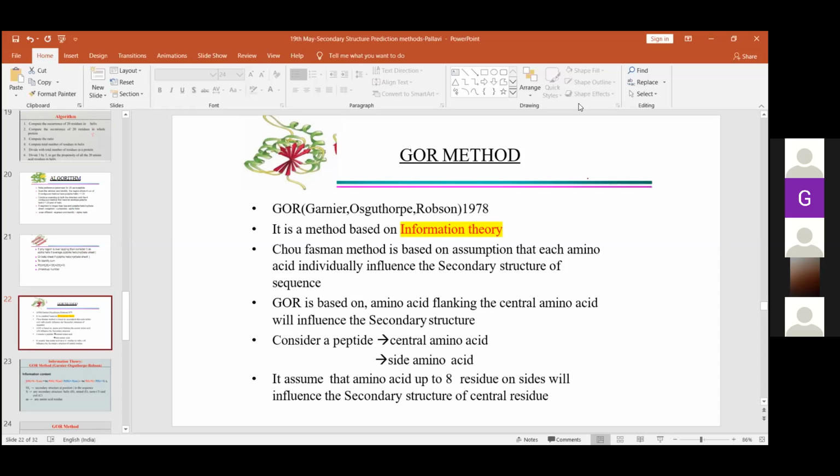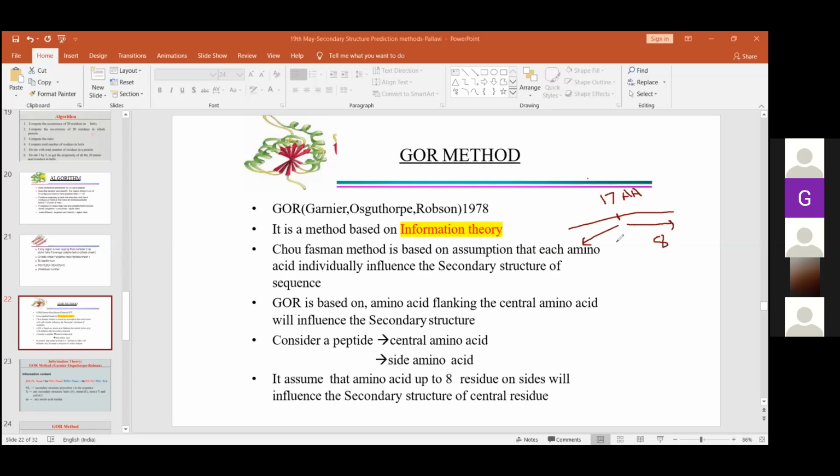So here, look on my screen, you will be taking the window size of 17 amino acids, and considering the central amino acid, you will do the scoring of -8 positions, yani 8 amino acids flanking from the left side, and +8 positions, the next 8 amino acids flanking on the right side.